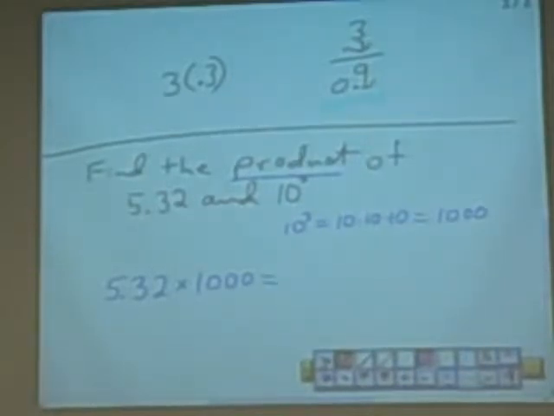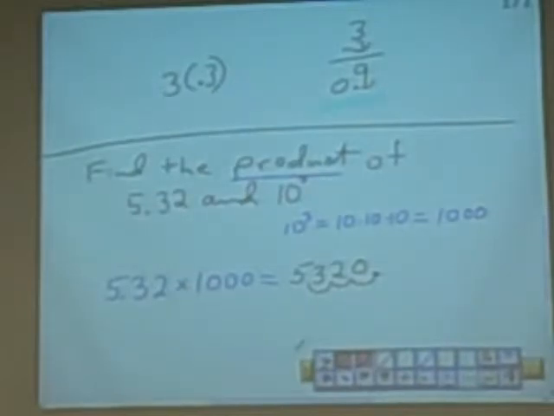So we're taking that 5.32 and moving that decimal point. When we multiply times 1,000, we're moving that decimal point how many places? 3 places. So from the 5, not from the 2, from where the decimal point originated, you're going 1, 2, 3 places.